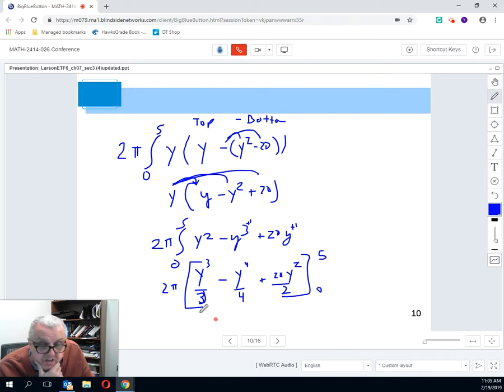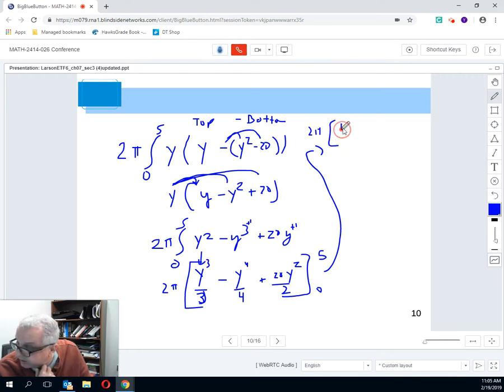So now I plug 5 into the function. I have the 2 pi. Plug 5 in there, I get 125 over 3. Plug 5 into here, I get a minus 625 over 4.